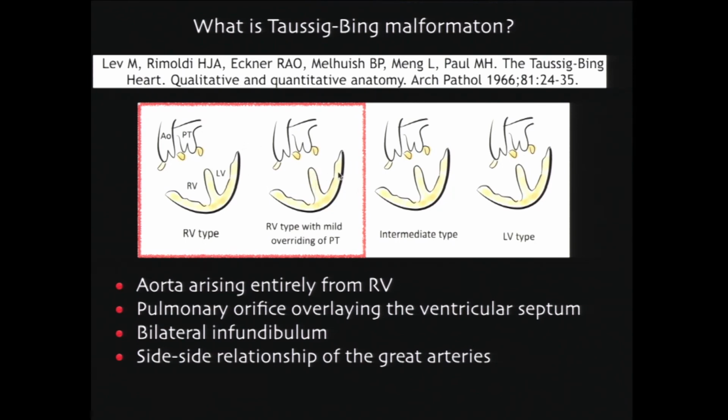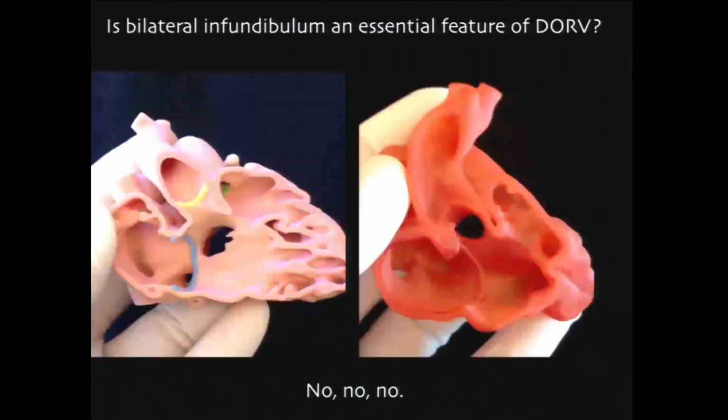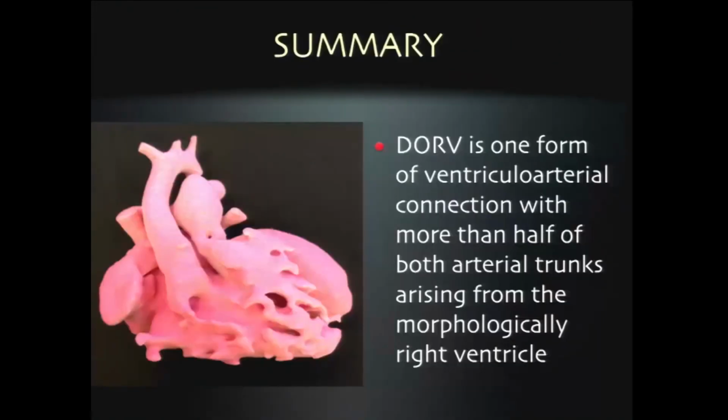So therefore, there is some controversy in the terminology of Taussig-Bing malformation. It's not surprising that in the literature, statistics all vary according to how they define the Taussig-Bing malformation. Is bilateral infundibulum an essential feature of double outlet right ventricle? We already discussed, no. Okay.